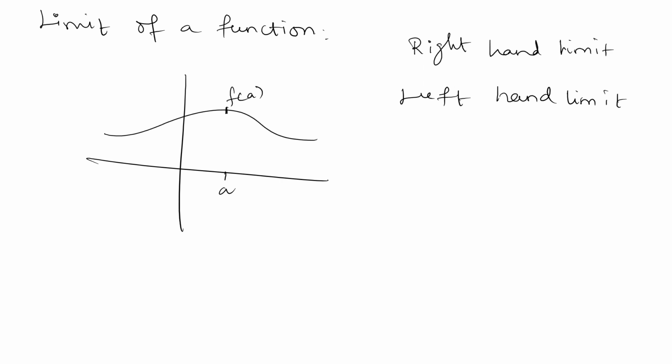For the left hand limit, we have to approach the values of x from the left side of A. That is, we have to move the values from left to right.